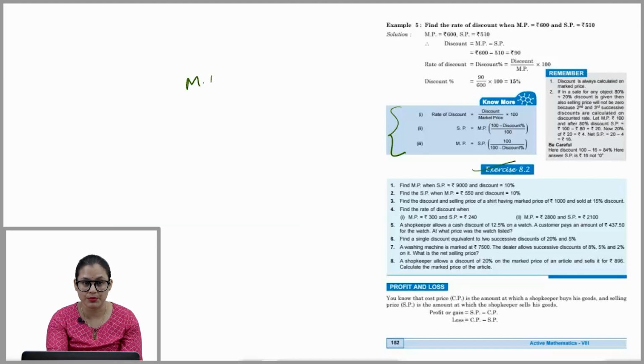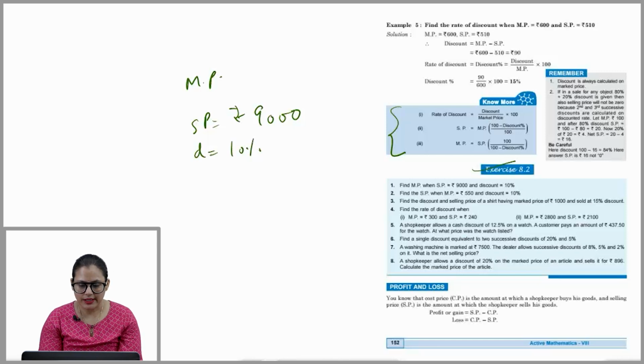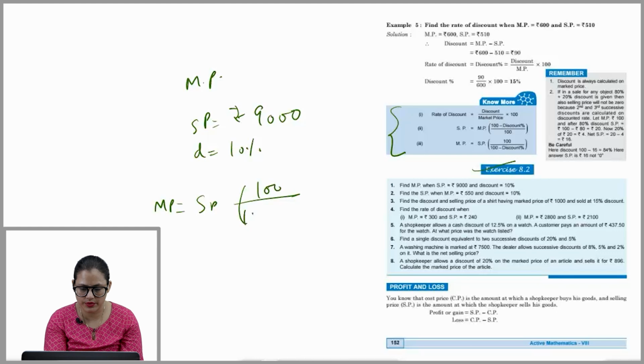We have to find the marked price. SP is given as rupees 9,000 and discount is 10%. So the formula is: marked price is equal to SP into 100 upon 100 minus discount percent.